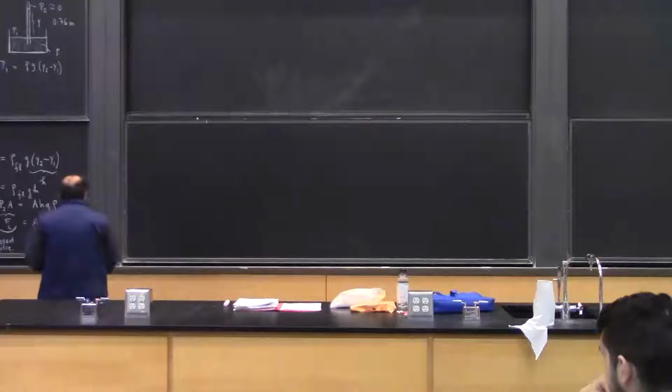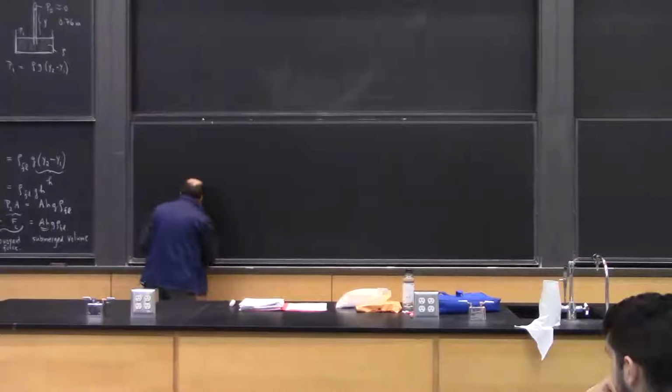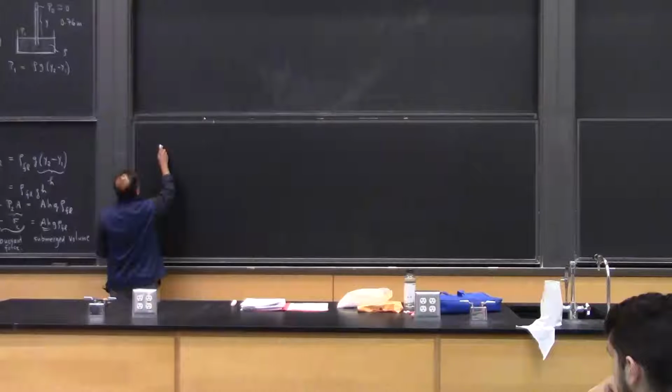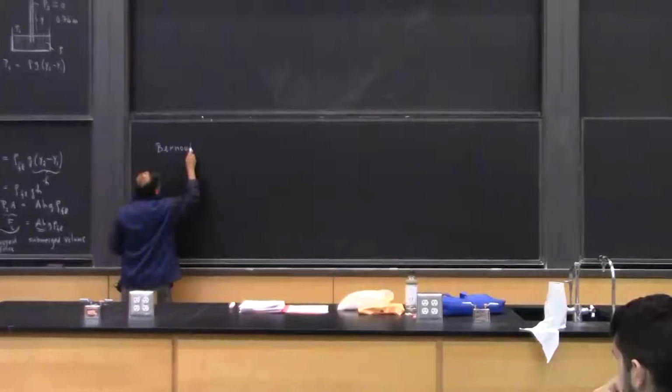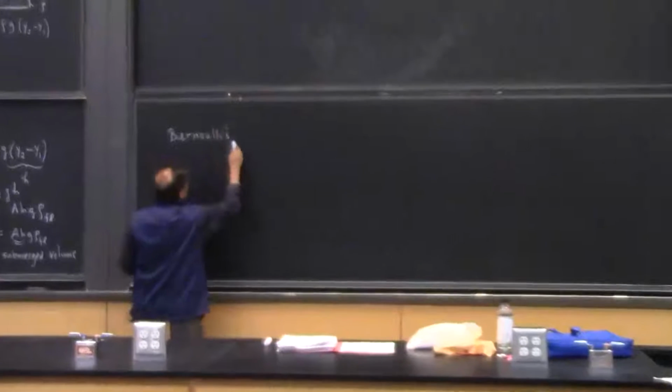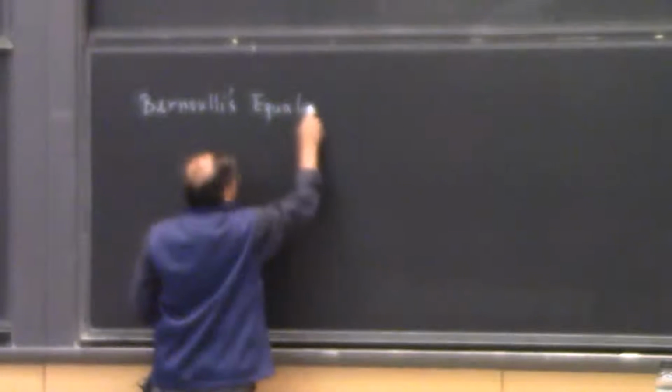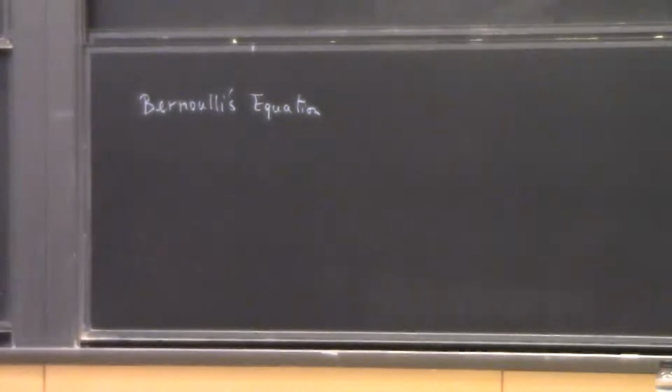The other problem that comes around in this chapter is what is called Bernoulli's Equation. Now this is a very interesting equation, and actually it's a very simple equation.